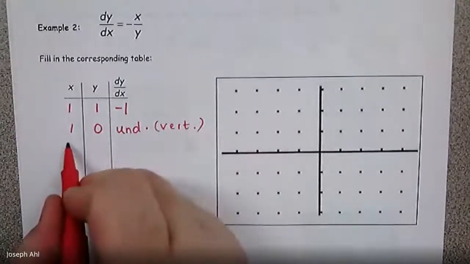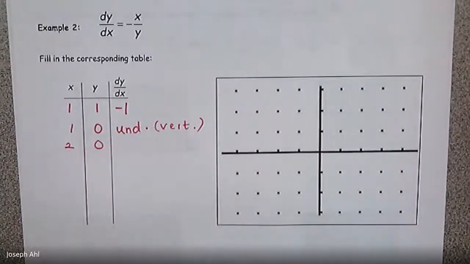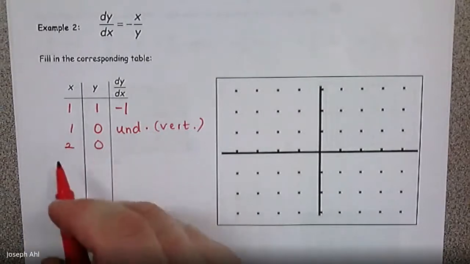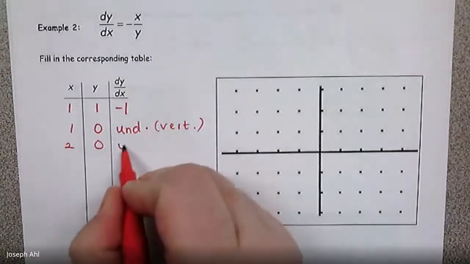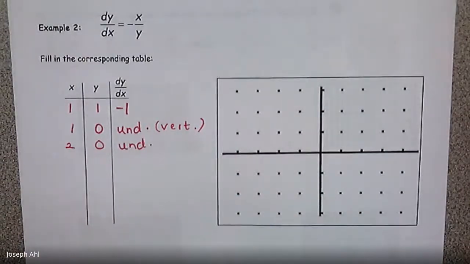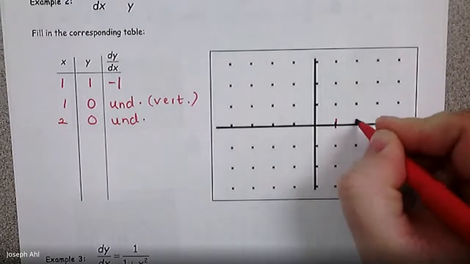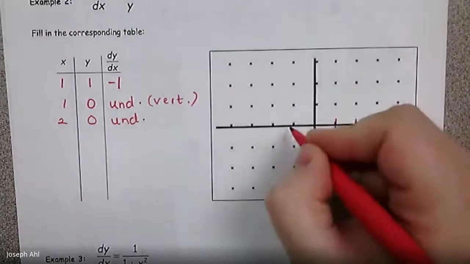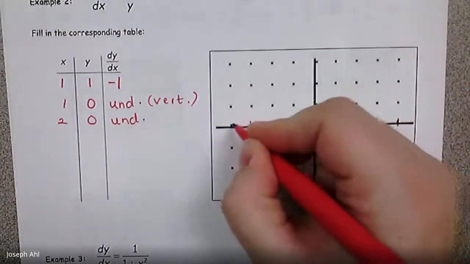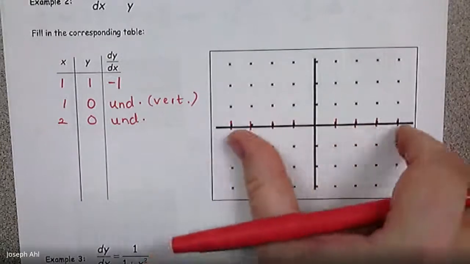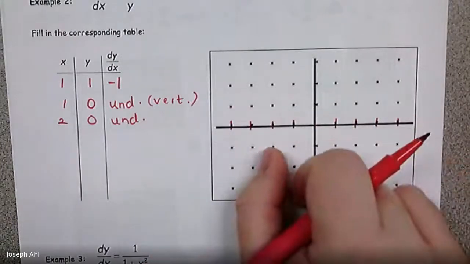In fact, shouldn't any y value of 0 produce the same thing at (2, 0), (-7, 0)? Those are all going to be undefined slopes, which means that we're going to have vertical lines there. So what I could do at this point is I could actually go to (1, 0), (2, 0), (3, 0). I could go as far out as I want, and along the x-axis, all your slopes will be undefined.